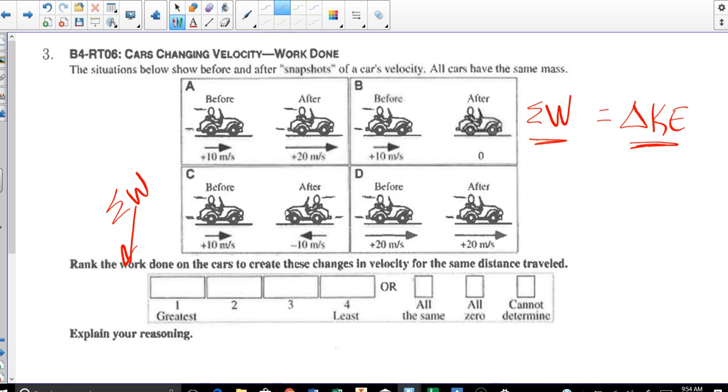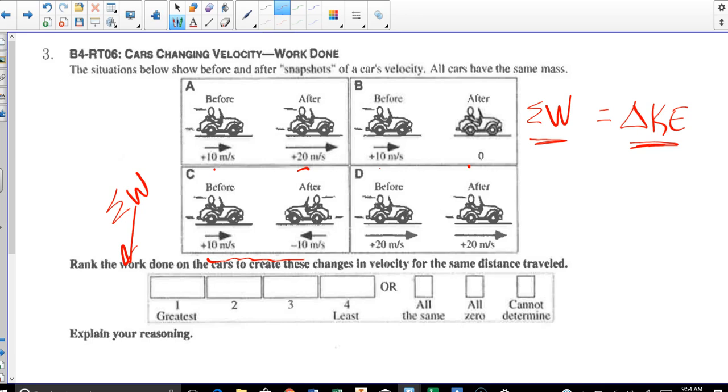So you might be looking at this and saying, all right, well, the one with the biggest change, depending on how you look at it, like this one, for example, might have the biggest change. Well, we have to look at that in a second. But this has a 10 change, and this has a 10, so they're probably about the same.